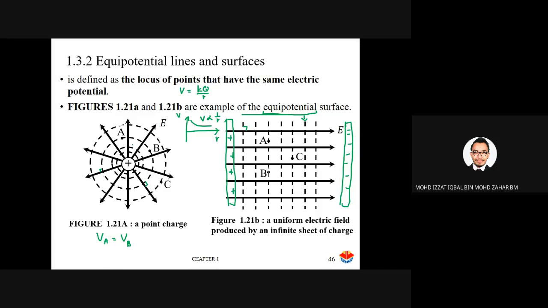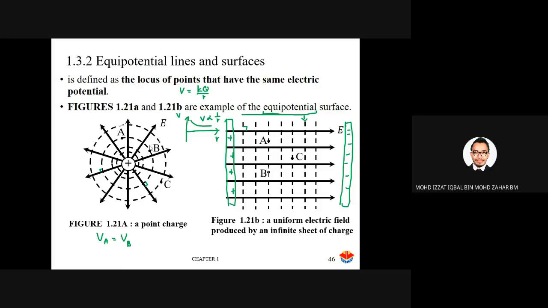For this one, let's say if the charge here is negative, you still have pretty much the same equipotential lines. They look the same as for positive, just that for negative you have E pointing inwards.